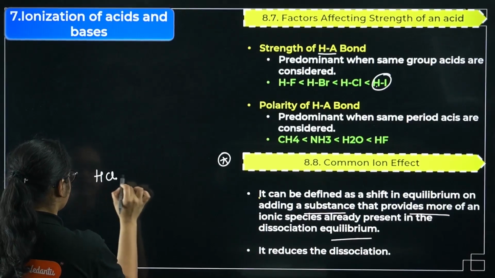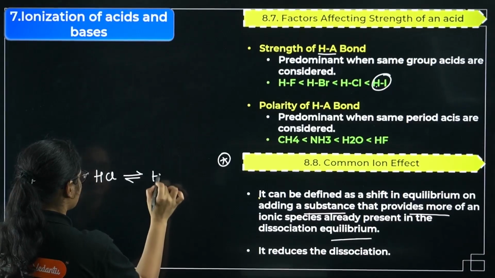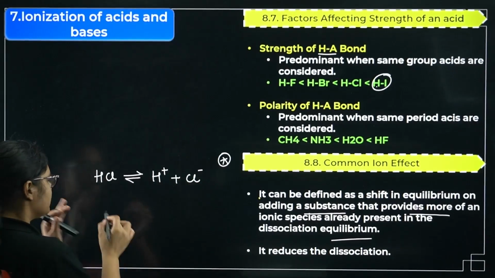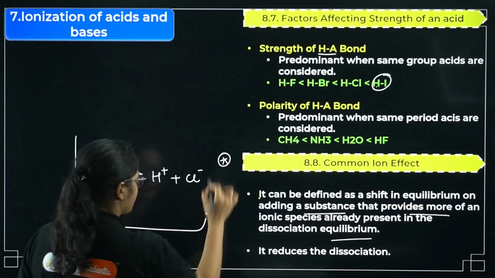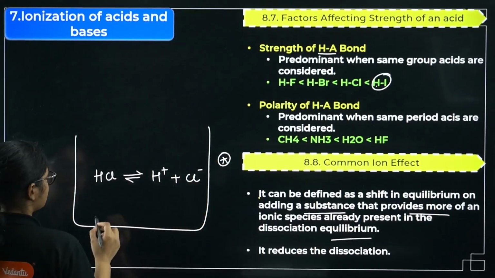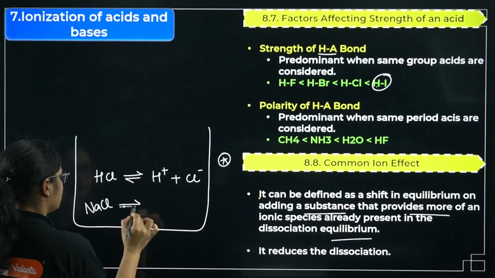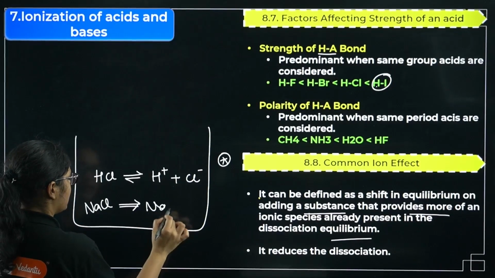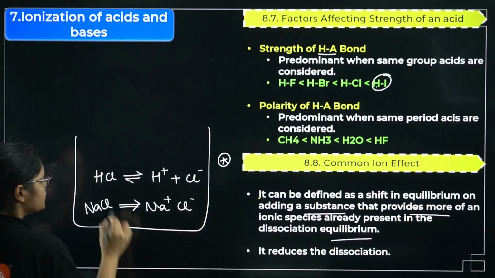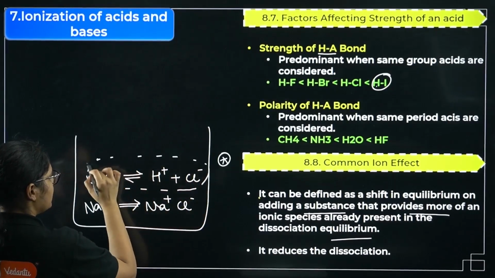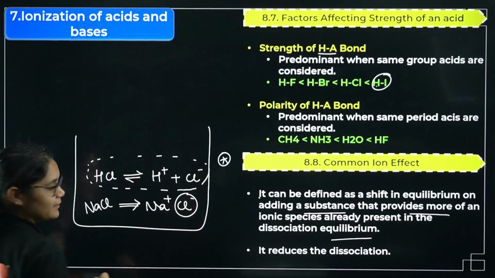Suppose I have HCl in water. It is dissociating to give me H plus and Cl minus. Now this is there in this container. In the same container, suppose I add NaCl, then what will happen? It will dissociate to give me Na plus and Cl minus. So for this particular reaction, in the environment we have excess of Cl minus, right?